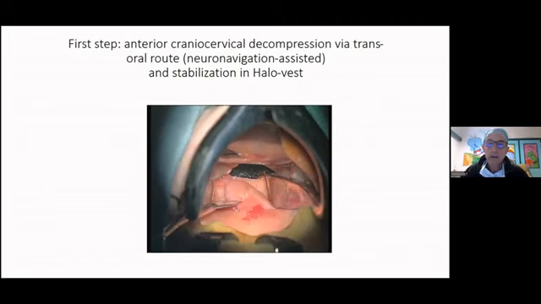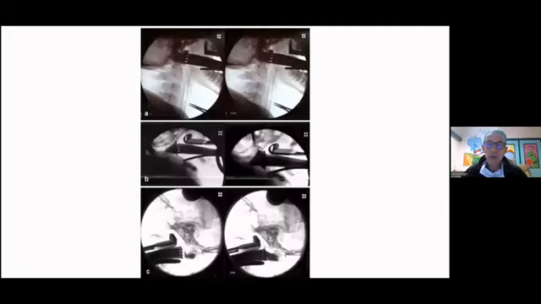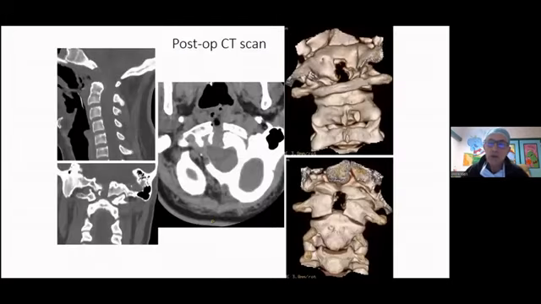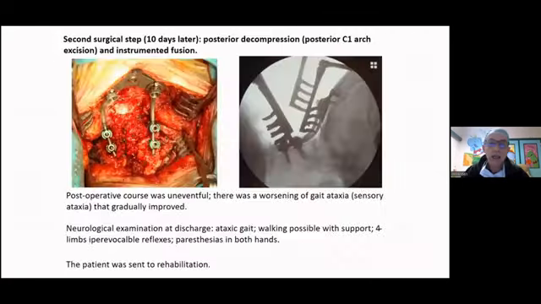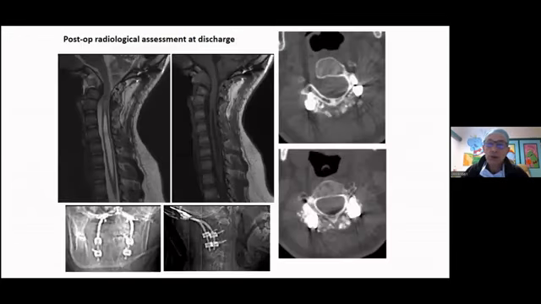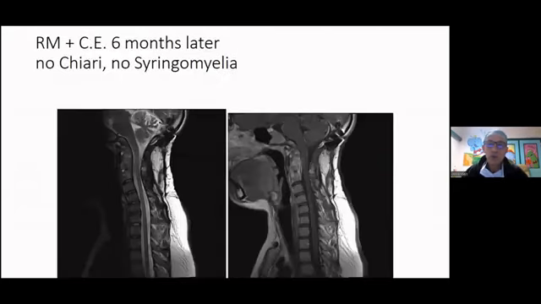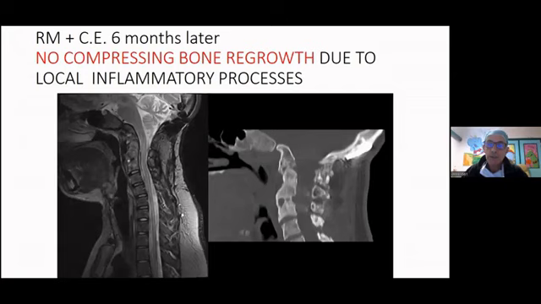And this is one of the steps during surgery, with the old-fashioned but evergreen injection of contrast medium in the surgical field, showing a satisfactory decompression. Then the patient was operated by posterior approach with further posterior decompression, instrumentation, and fusion. But look at what happened 6 months later.